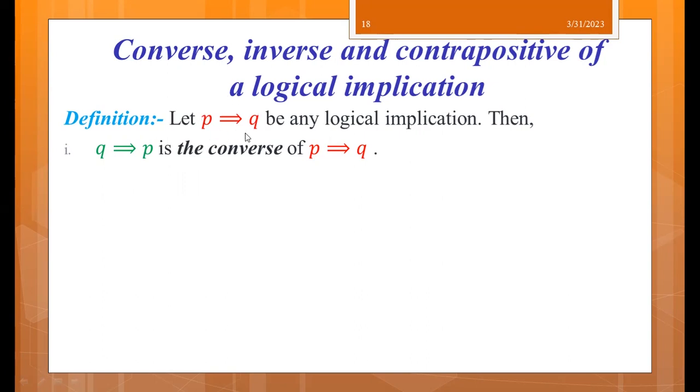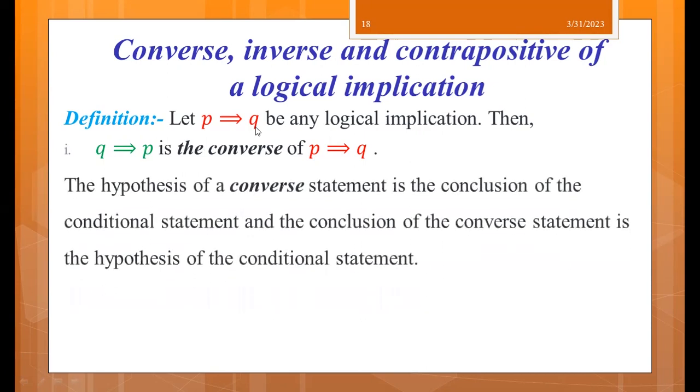So a statement obtained by interchanging the if and the conclusion of a logical implication is said to be the converse of the logical implication. That is, the hypothesis of the converse statement is the conclusion of the conditional statement, and the conclusion of the converse statement becomes the hypothesis of the conditional statement.